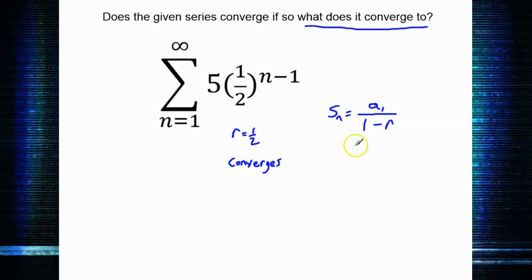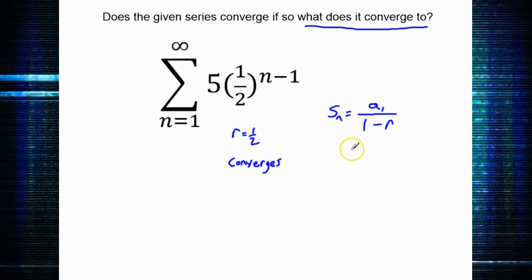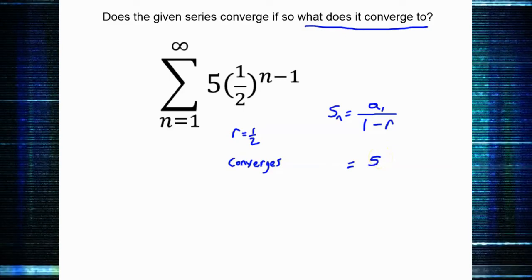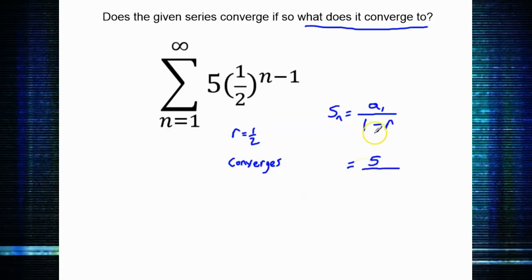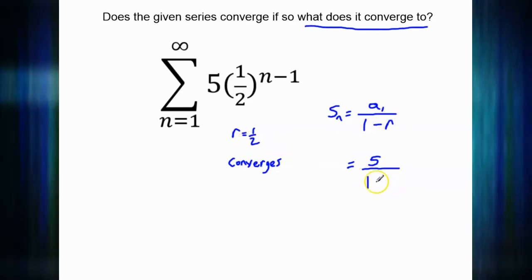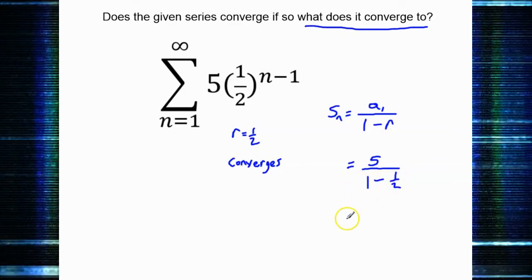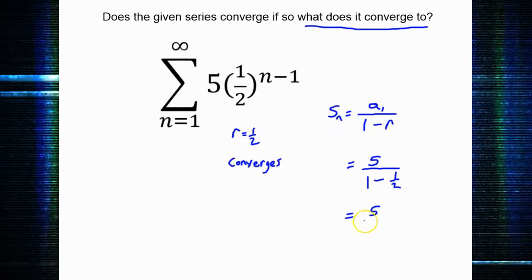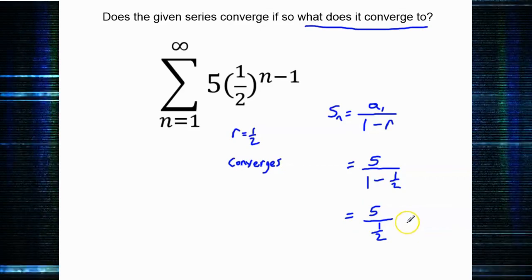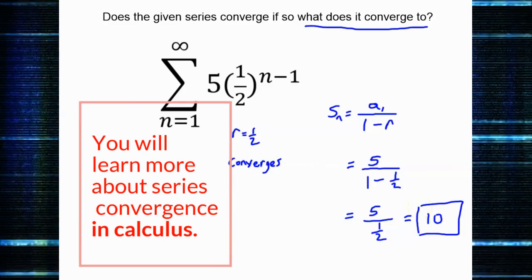Even though I wrote S sub n here, technically it should be S sub infinity. a sub 1 is the first term, and if we plug in 1 for the n value, we'd end up with 5. You can check that yourself. Then the common ratio is 1/2, so the denominator is 1 minus 1/2. The 5 is still there, and 1 minus 1/2 is 1/2. Dividing by 1/2 is the same as multiplying by 2, so our answer is 10, and you can check this yourself.